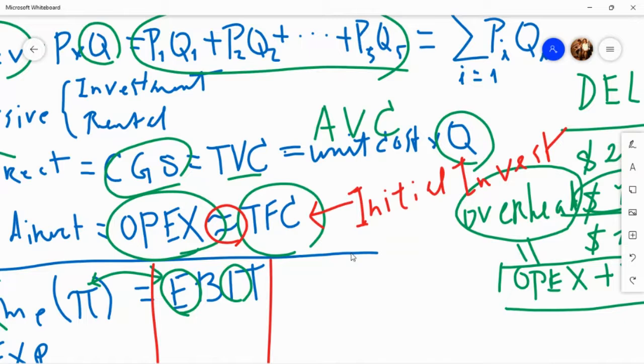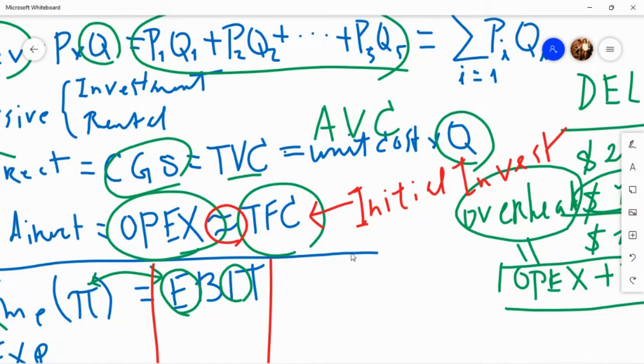Think about it. At time zero, you had to spend $100 million to hire a construction firm and build a plant, and then after the plant is finished, you have to install the production equipment in the plant, right? So let's say that's a total of $100 million.